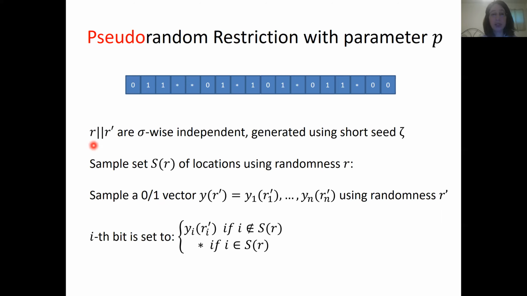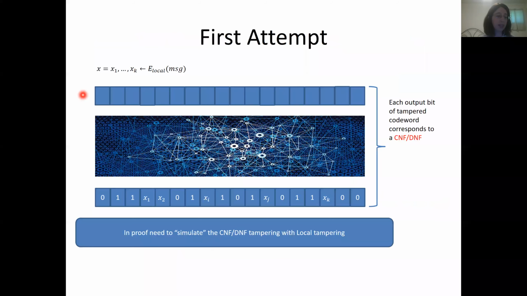But now we're going to choose R and R prime so that they're not uniform random, they're only sigma-wise independent. And this means that we can generate R and R prime using a short seed zeta. Okay, and then as before, we're going to sample a set of locations and sample values using these sigma-wise independent randomness R and R prime.